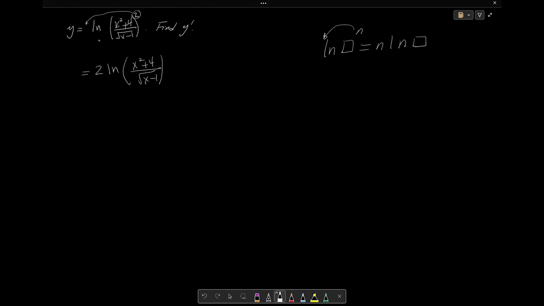Now, also I know the log of a fraction is the log of the top minus the log of the bottom. So here's the 2, parentheses. Let's do log of top minus log of bottom.